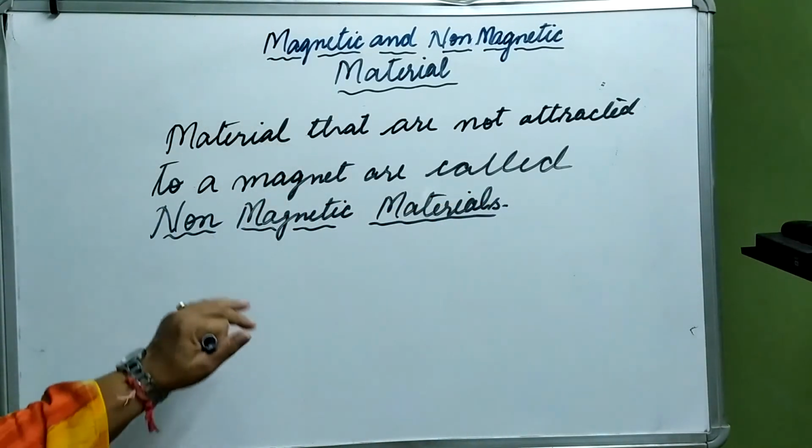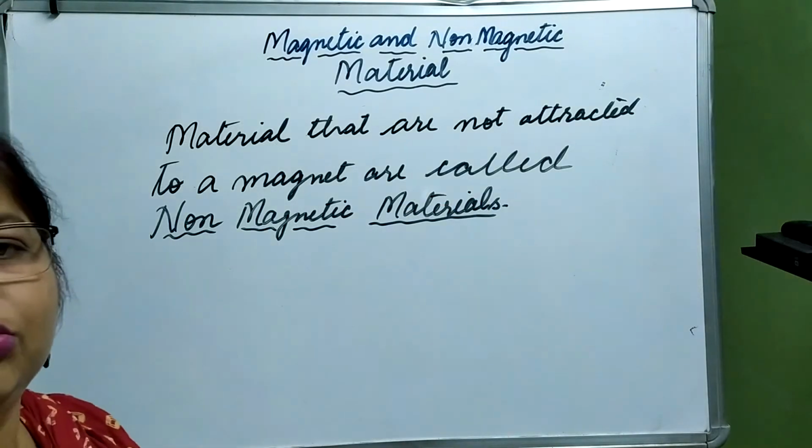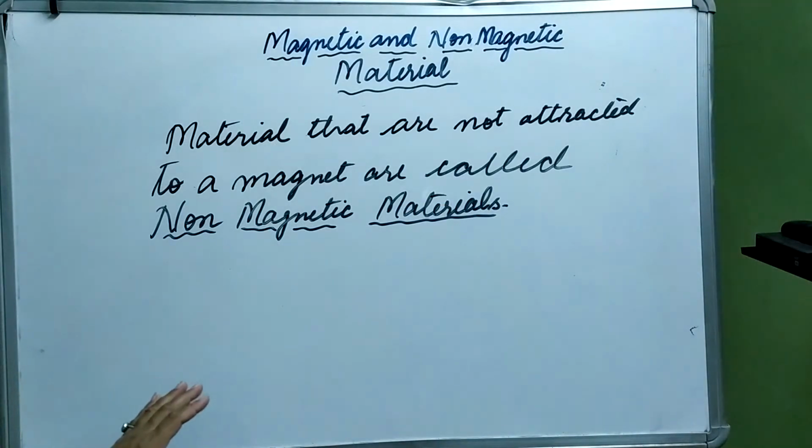Clear? Such materials which are not attracted to a magnet are known as non-magnetic material.